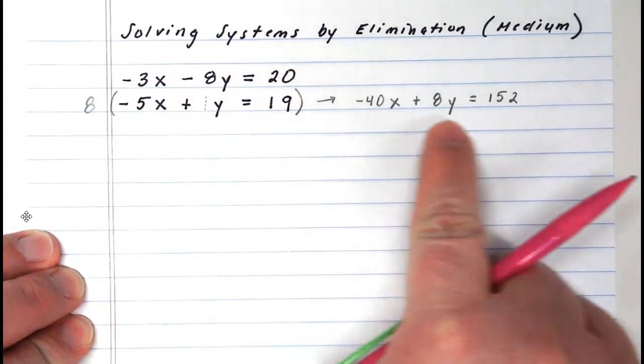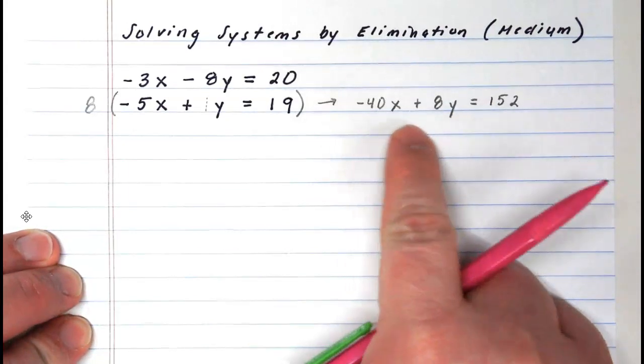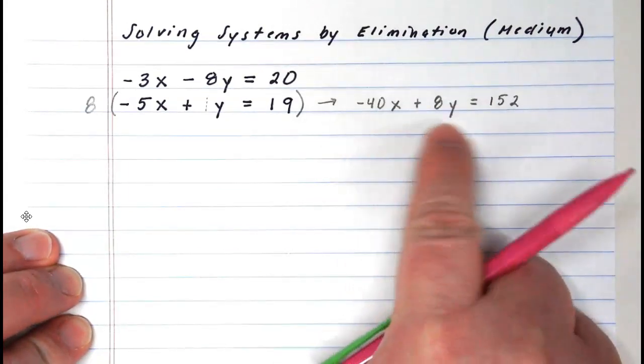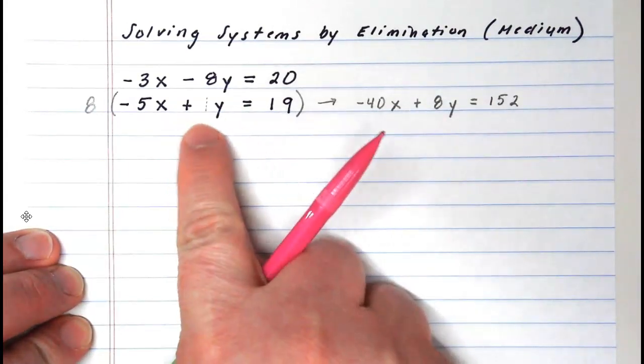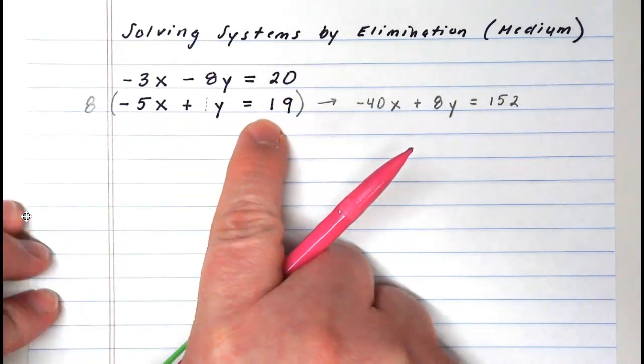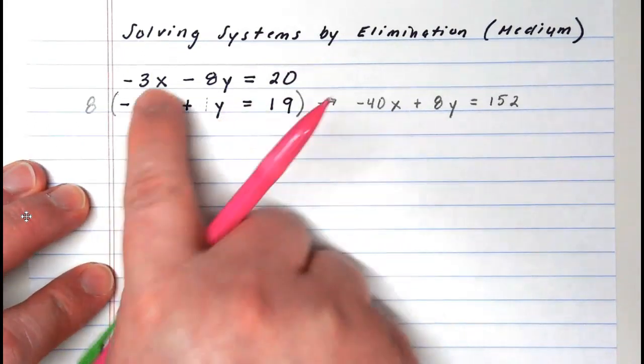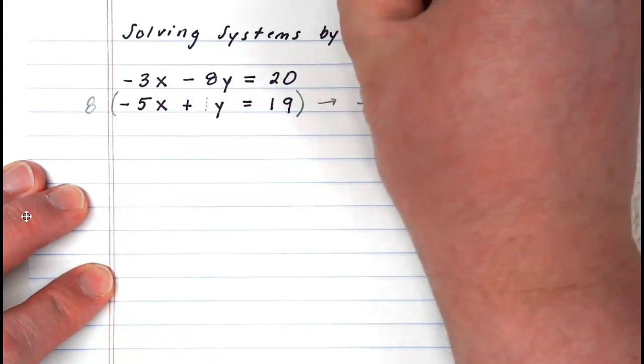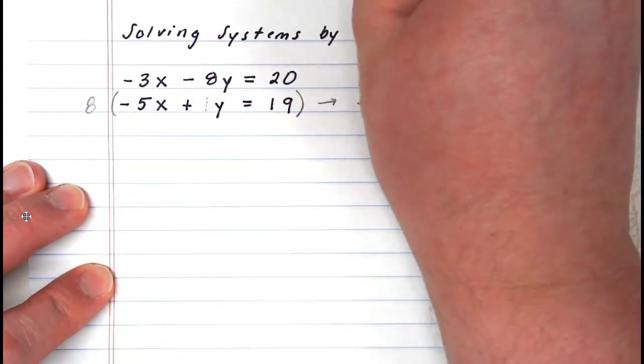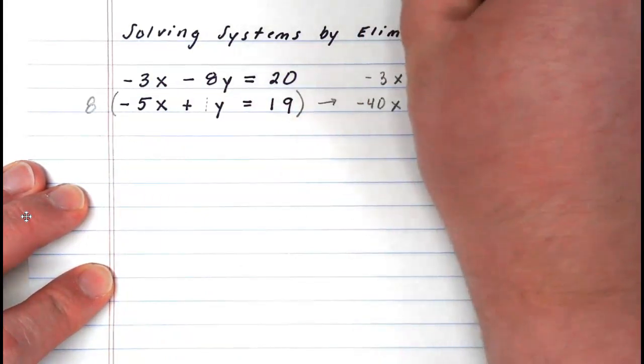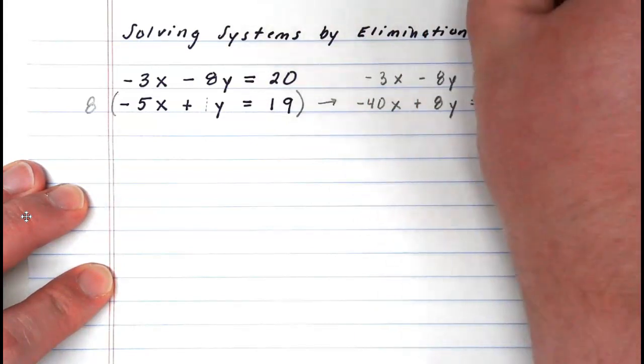So this equation is what we call a linear combination. It's a linear combination of this linear equation right here. Now, I'm going to bring this top equation straight over. We're not going to do anything with that. Negative 3x minus 8y equals 20.